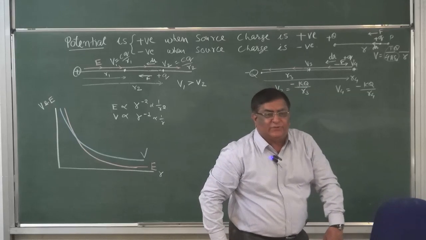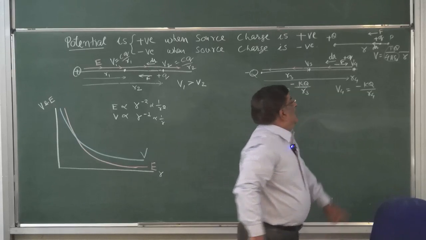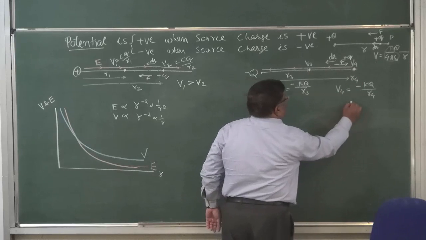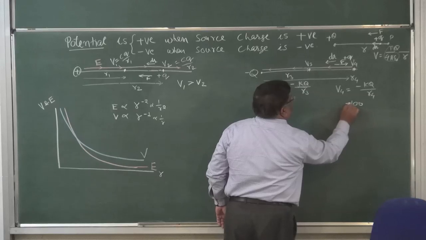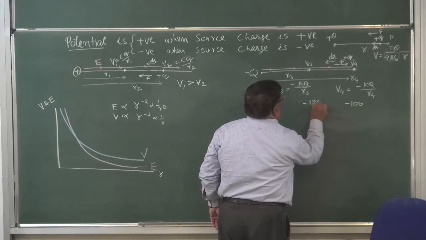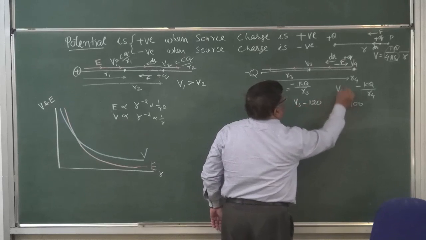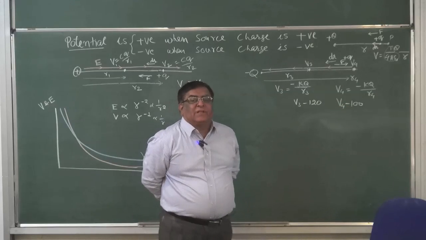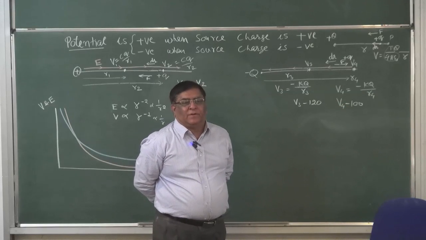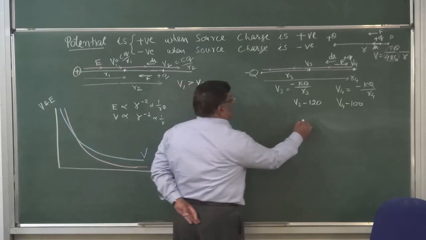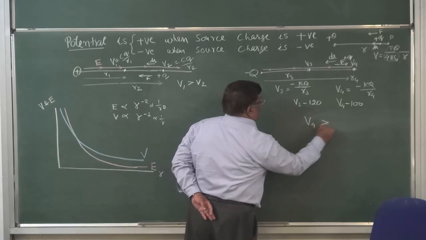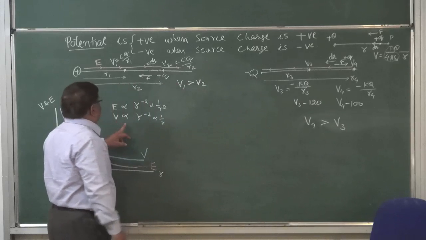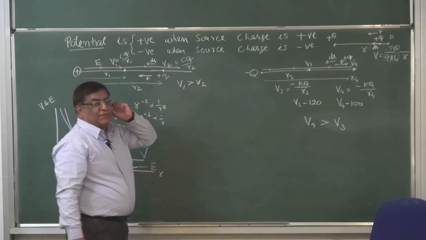Therefore, the sign of potential is also negative. And here the work done is 100. Here it is 120. But what is the sign? Which is the larger voltage? Very good. So we have a result, V4 is larger than V3. Here V1 is larger than V2.